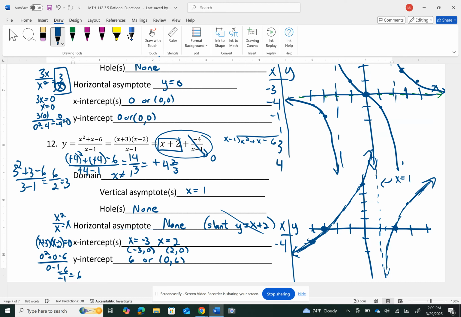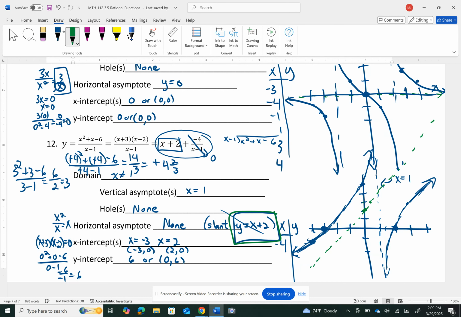Now, this is what the slant asymptote would be, but you don't really have to do that. But that's why this graph looks a little different. What would happen if I were to graph that is I have a line. The asymptote isn't horizontal. It's linear, but it's going to be a slanted line like that.